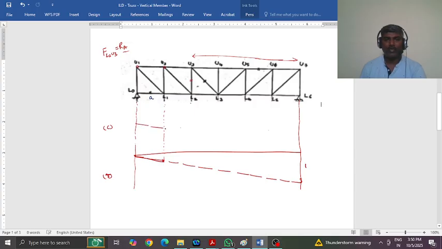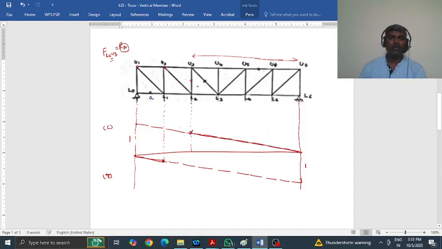Again, I advise you to go to the video lecture on how to plot ILD for reaction. So this is now the RA ILD. So for all these positions of unit load, the value of force in the member is equal to the RA value. That means from here, the other part of the ILD is this much.